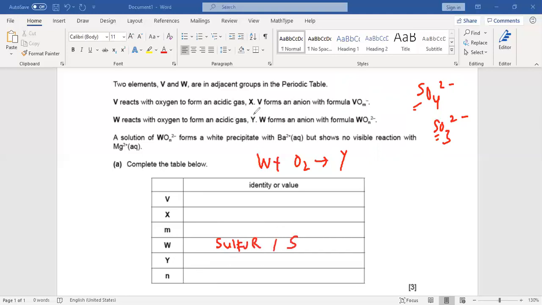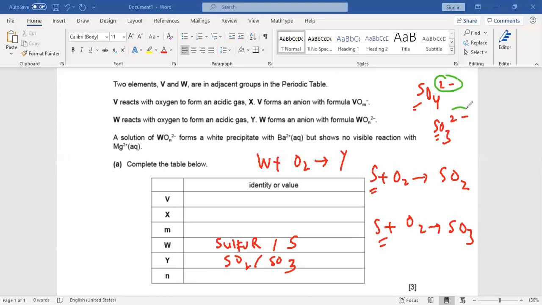And then Y is, let's say, S plus O2 to give SO2, or it can also be SO3. So I'll just write SO2 or SO3. The reason why I pick sulfur, first and foremost, is because it says that I have a 2 minus charge.